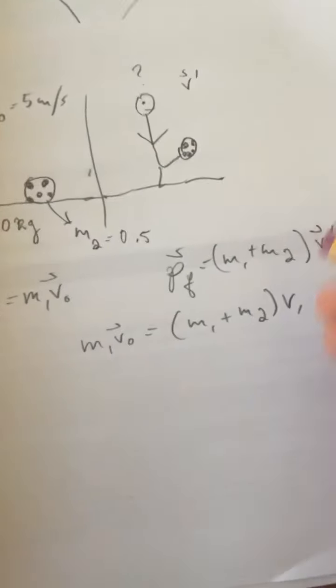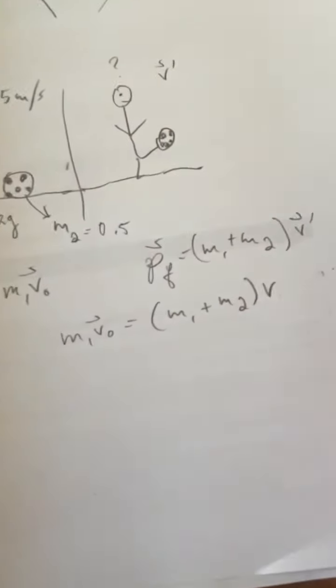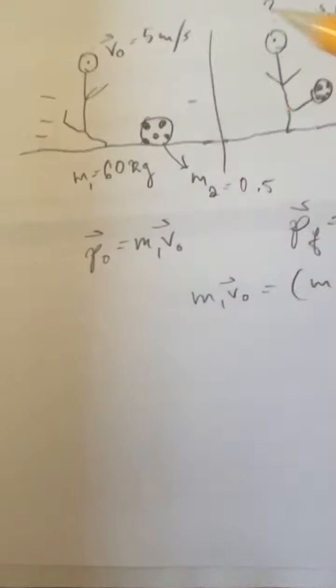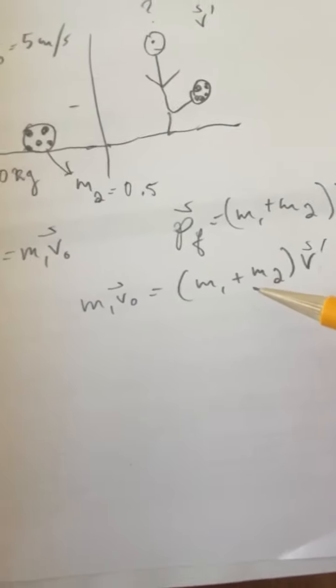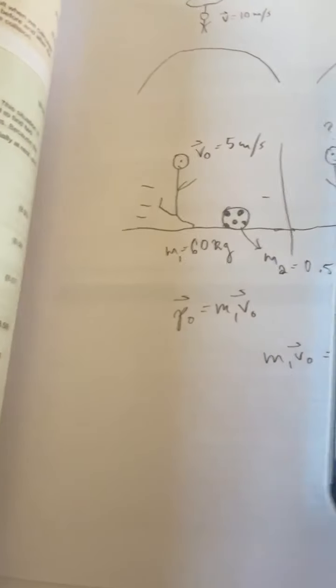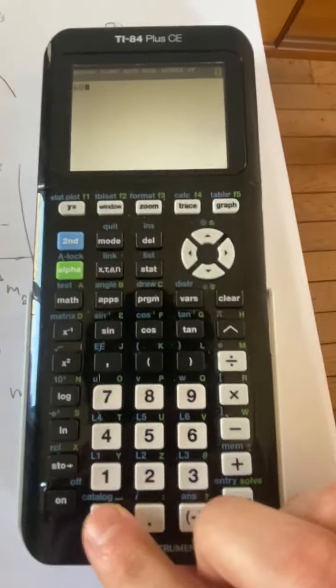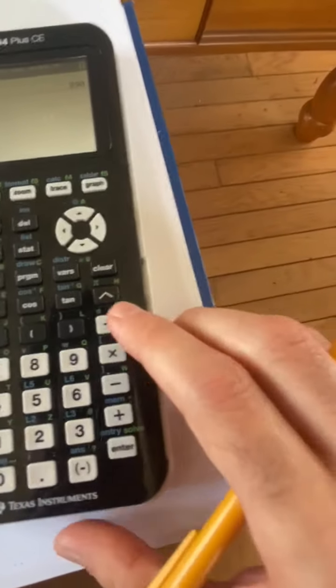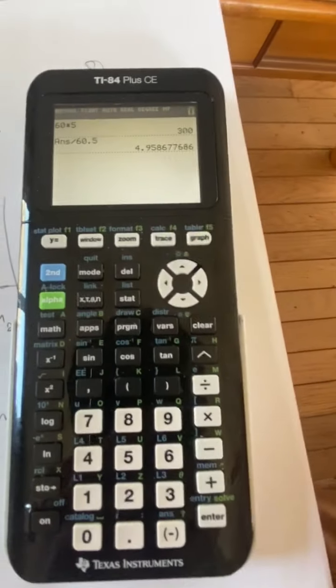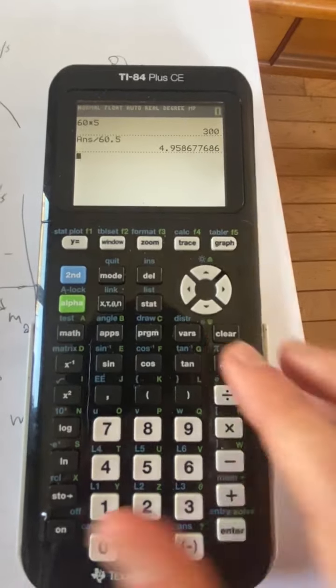Oops, put the prime mark here. And so then it just becomes a matter of division. We do 60 times 5, and then we divide by 60.5, and we get that v prime. If we plug that in on a calculator, we'll do 60 times 5, and then divide by 60.5, and we get about 4.96.